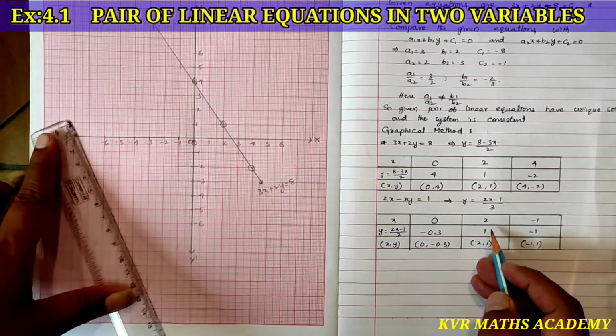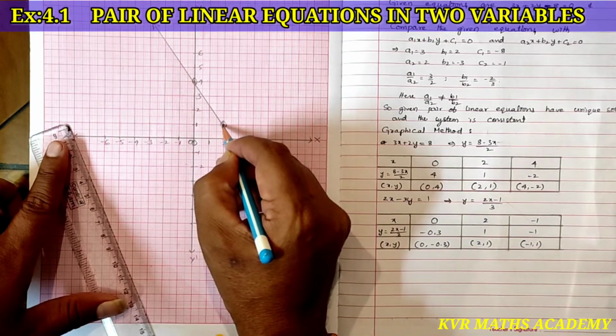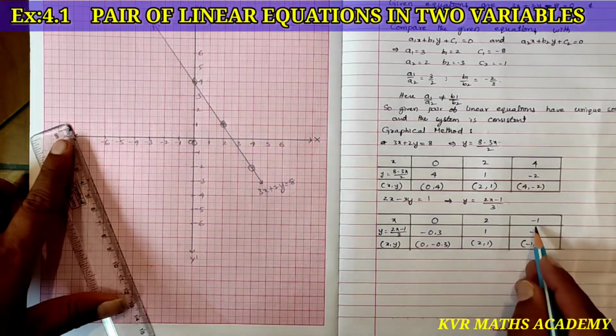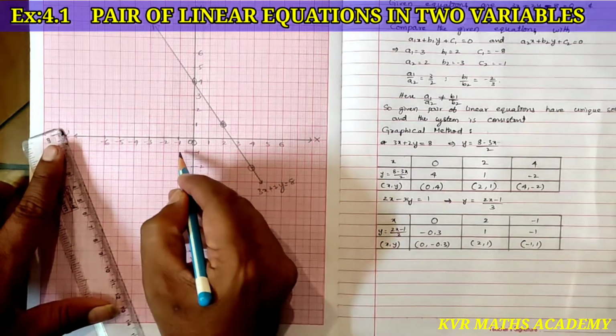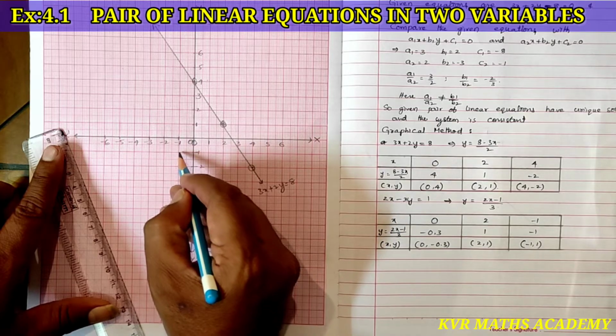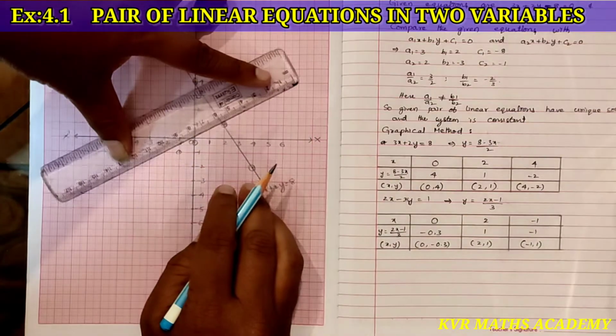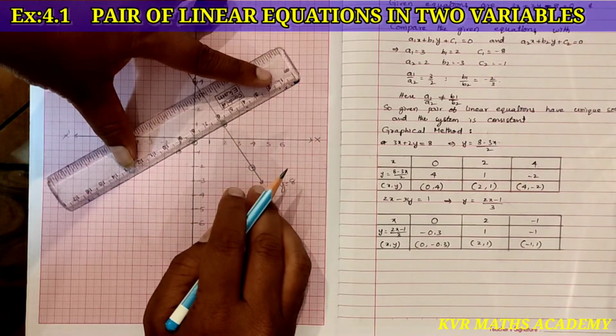Next, 2, 1. X is 2 and y is 1. Next, minus 1, minus 1. X is minus 1 and y is minus 1. Now let us join these 3 points.